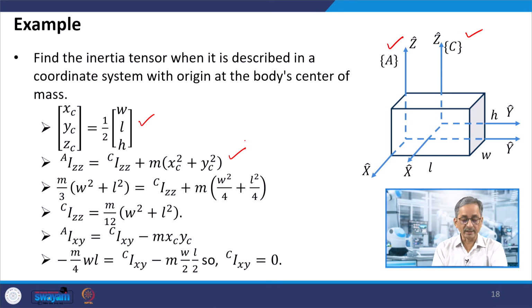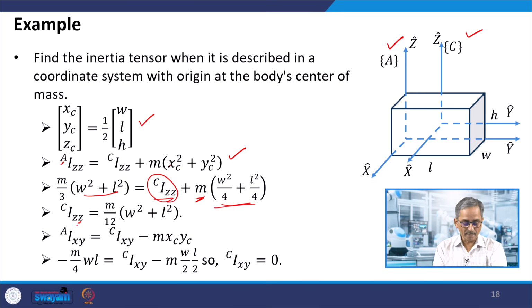Then this is the relationship for using the parallel axis theorem which we have seen previously. I substitute the value of Izz about A, which we have evaluated, here; this is the one I want to evaluate, and this is the mass and these values I have put in.